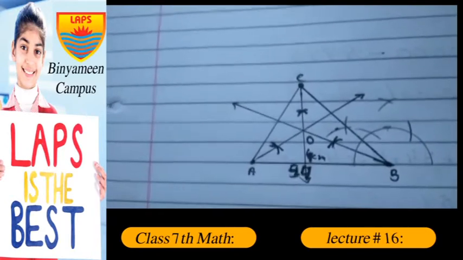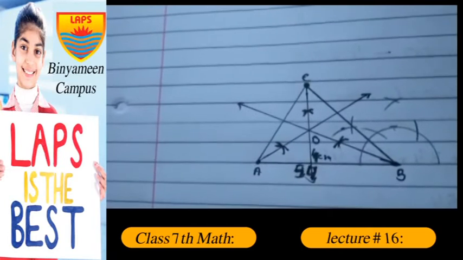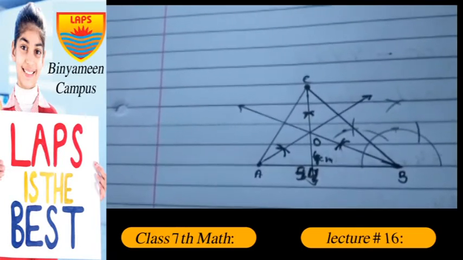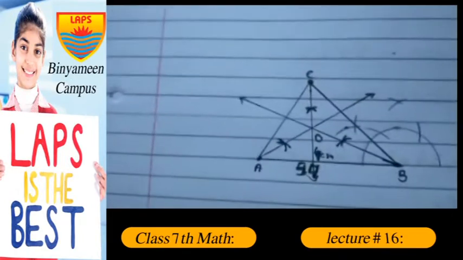Step 3, with B as a center, mark another arc of radius 4.6 centimeter which intersects the angle arm at point C.